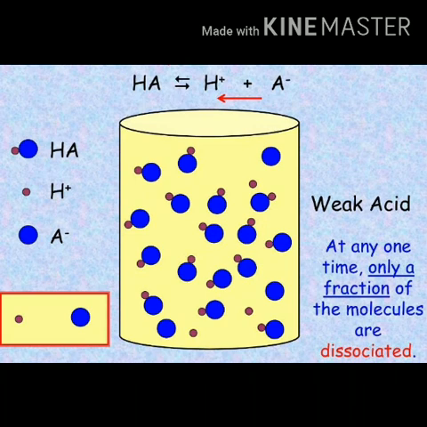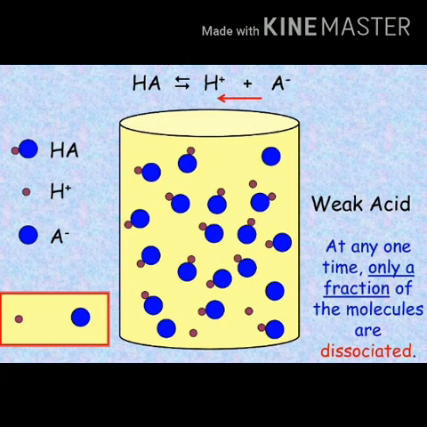So according to our definition of acid, in the solution this HA, one arbitrary acid, will give H plus ion. You can see here in the aqueous solution of the given diagram, most of the acids are not dissociated. Only a fraction of the molecules are dissociated.